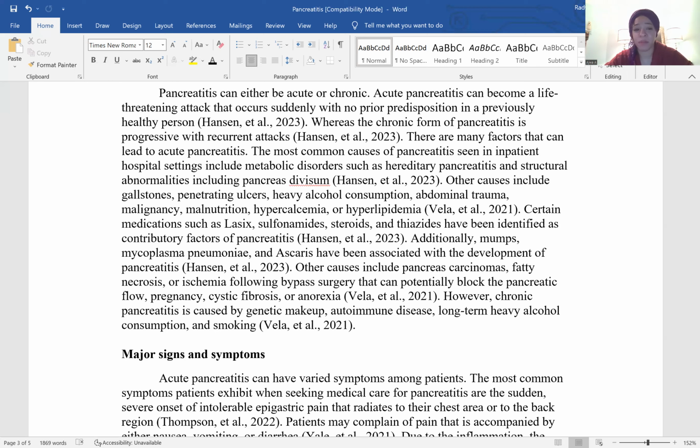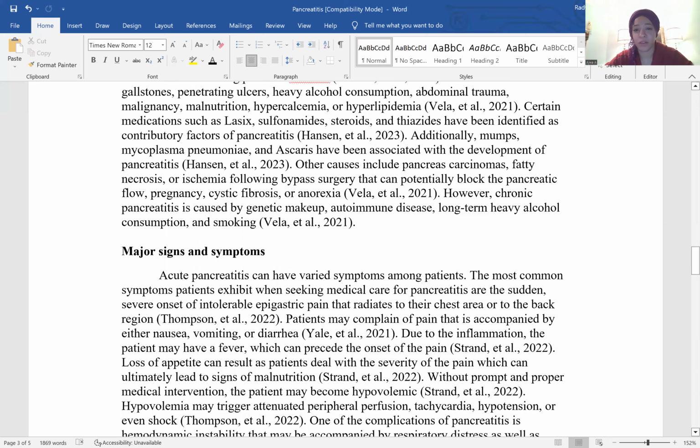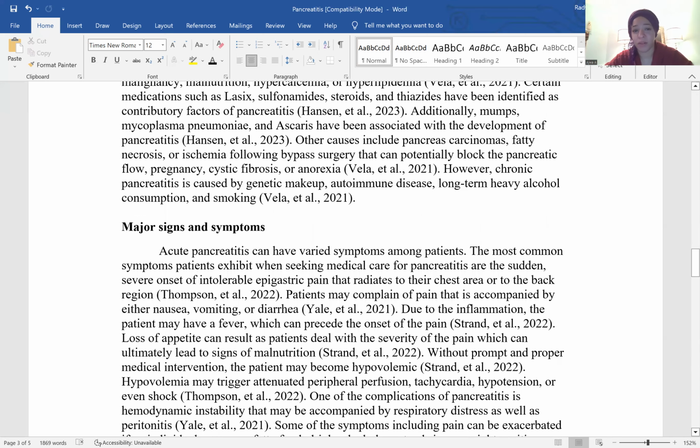Additionally, mumps, mycoplasma pneumonia, and Ascaris have been associated with the development of pancreatitis. Other causes include pancreatic carcinomas, fatty necrosis, or ischemia, followed by surgery that can potentially block the pancreatic flow, pregnancy, cystic fibrosis, or anorexia.